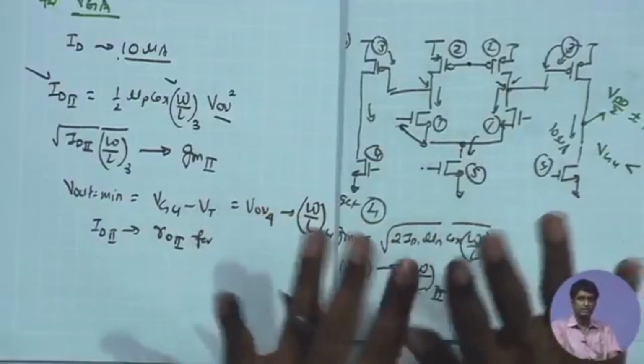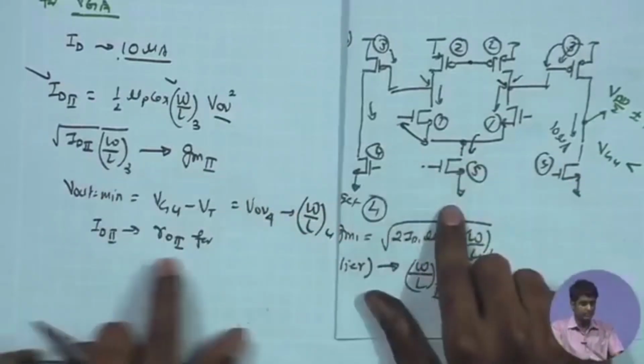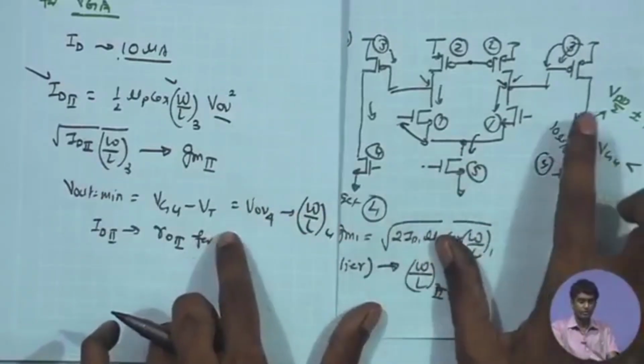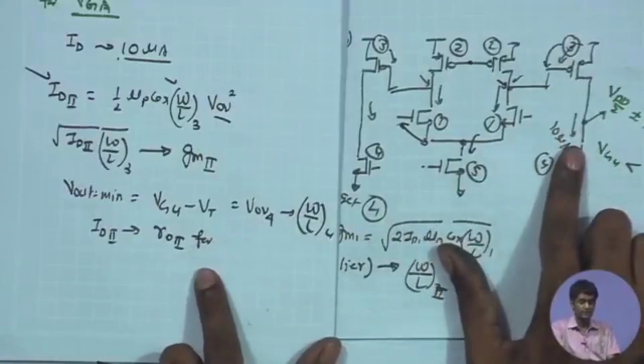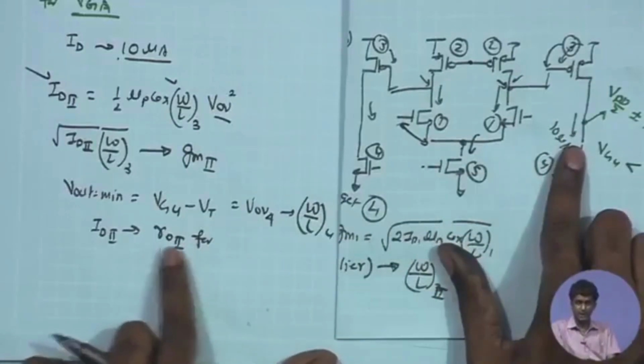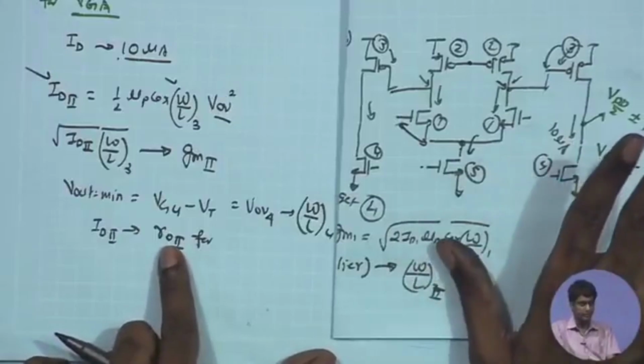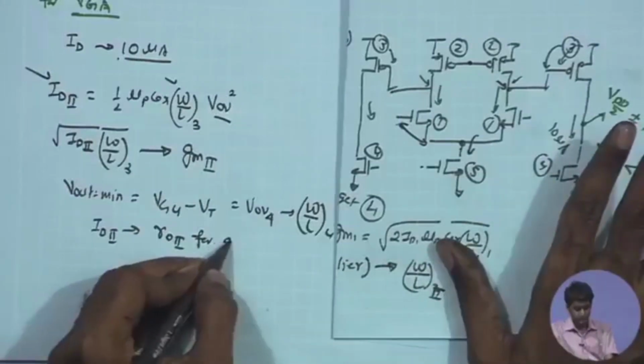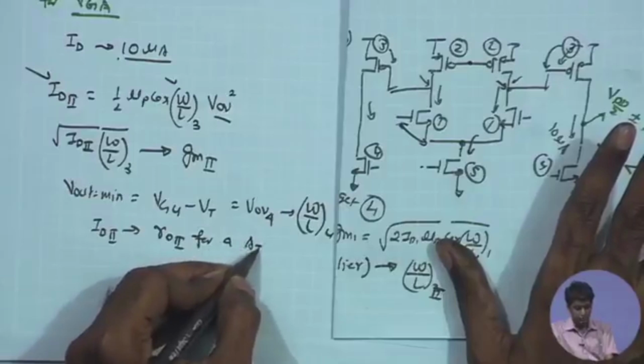But assuming we keep the gain division almost similar, I can have an overall gain of 100 in the second stage, and that is going to give me the RO value for the given GM2 value for A2 equal to 100.